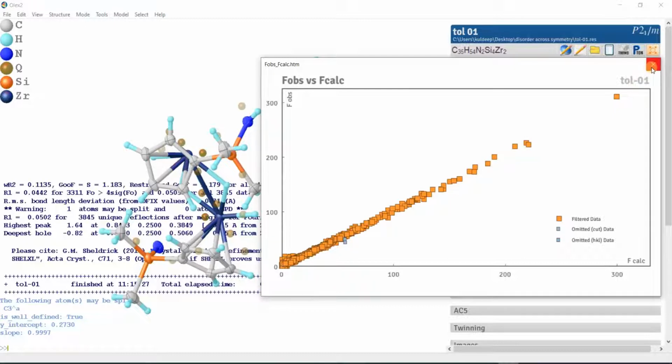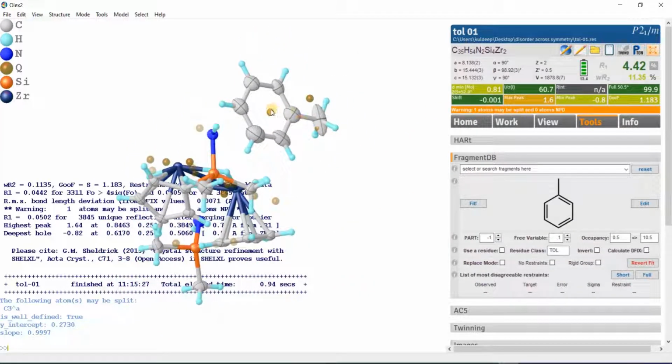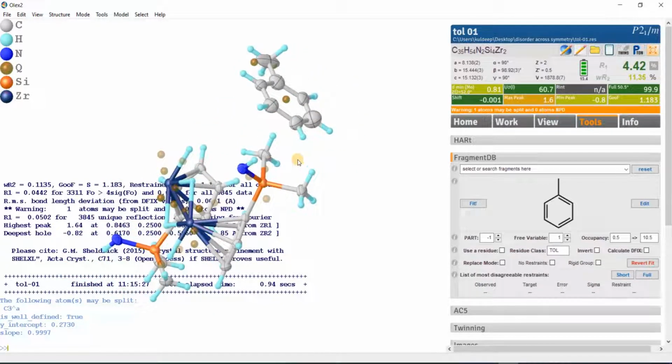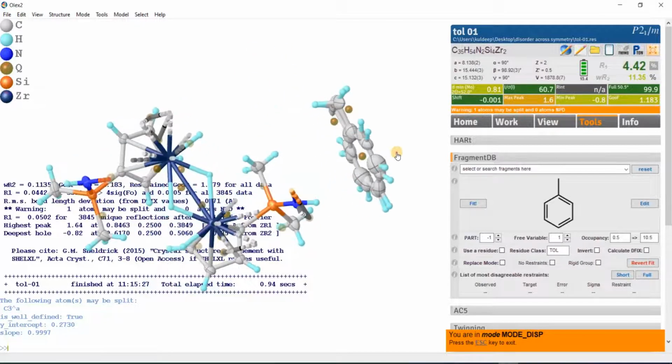But it's not going to solve my problem because I am still getting some electron density of around 1.5 electrons around this disordered molecule. So in this way, I can't model this disorder. If I again press Ctrl G, grow, I get such a solution.